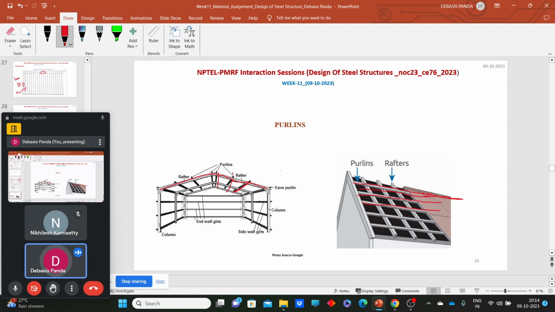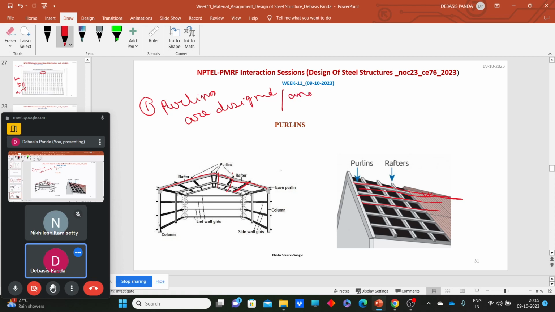Obviously they are flexural members. Why flexural members, and which kind of load are they subjected to? We need to look at that now and design for it. First, the purlin is the horizontal flexural member of the roof truss. Two specifications of purlin: first, purlins are designed or analyzed considering a continuous beam.